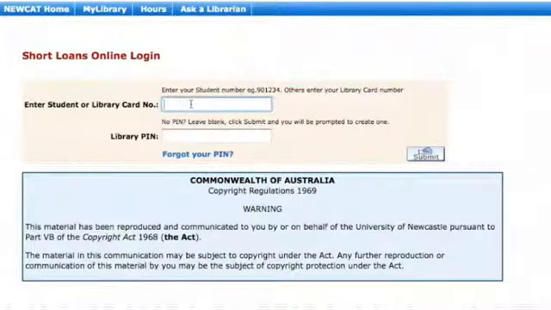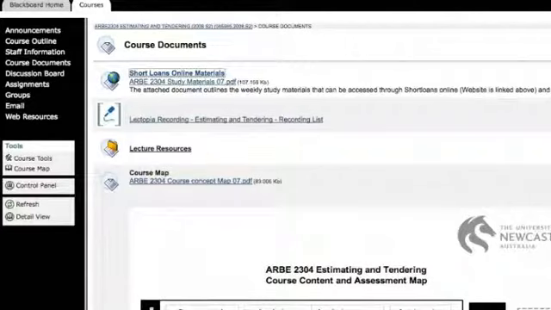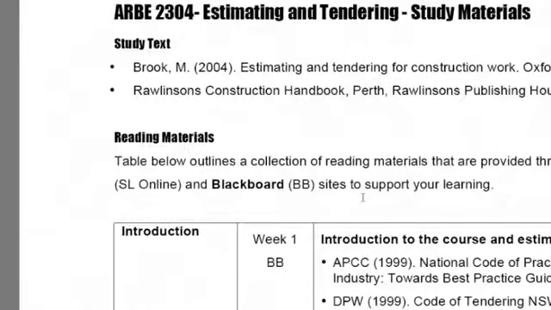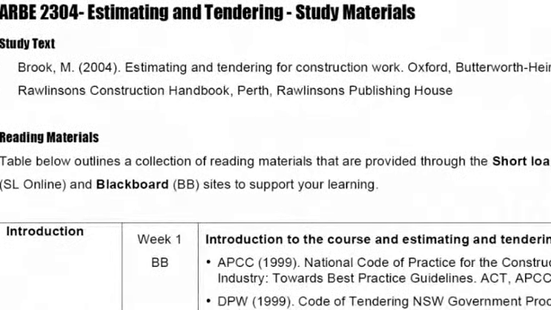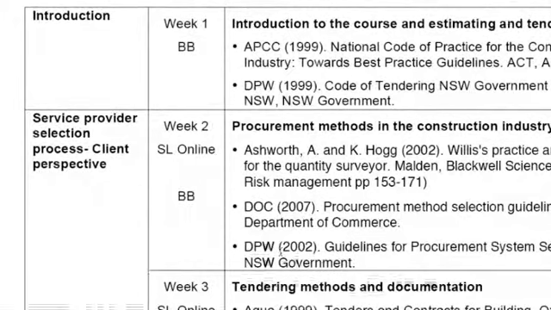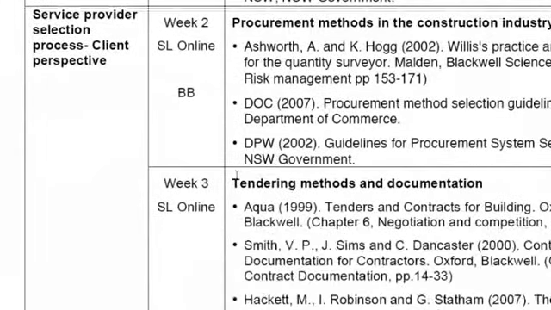So you'll have a library access PIN number and your card number to access the Short Loans Online material. Some lecturers may also guide you with a document that will say which resource in the Short Loans Online, or provided to you through other forums, will be relevant to each week of learning.